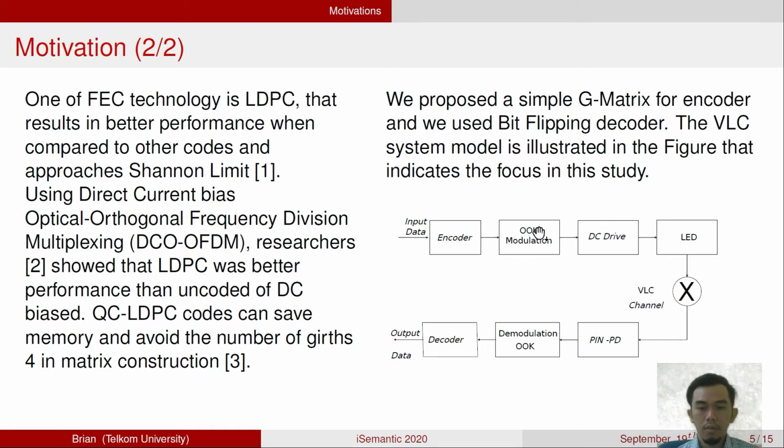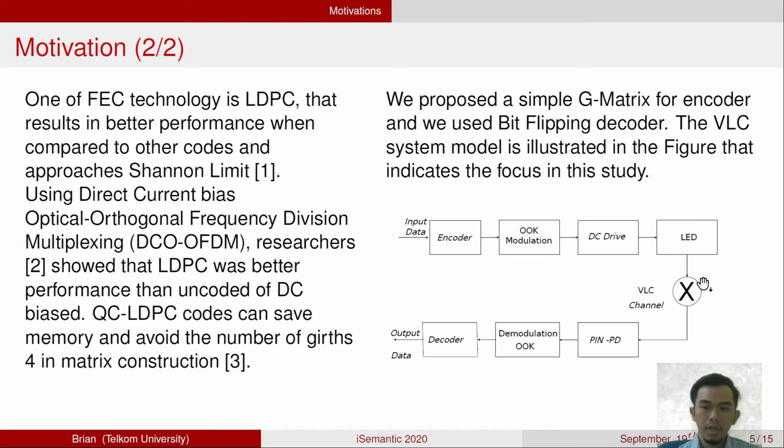So this is OOK modulation: if the bit is 1, the direct current drive will open and the LED will have light; if the bit is 0, the LED will turn off. So this is like a flicker: one for turn on, zero for turn off.